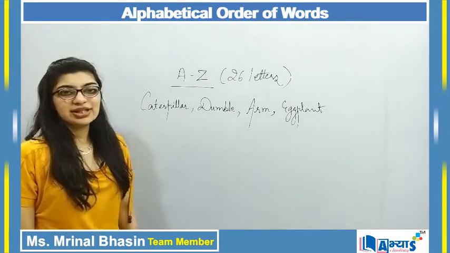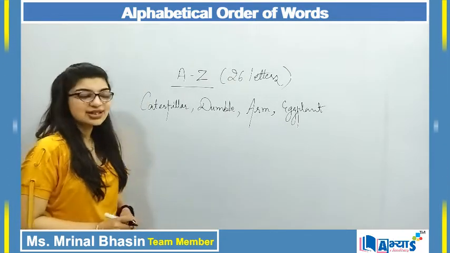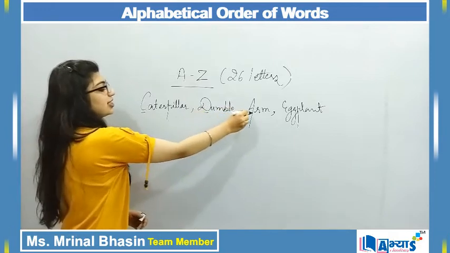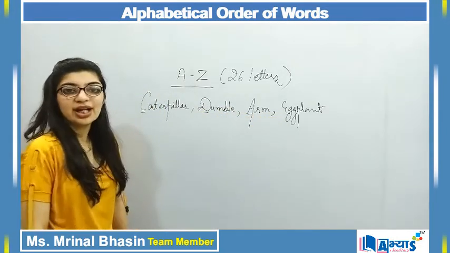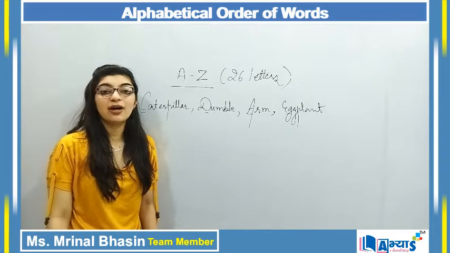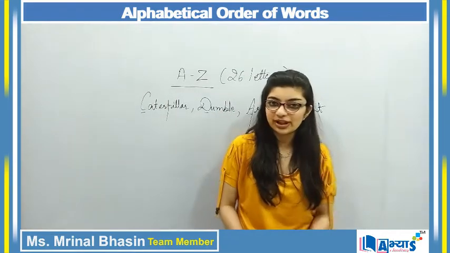So out of all this, first you have to notice which is the first letter of every word. Now considering the first letter of every word, you have to arrange those letters in alphabetic order.